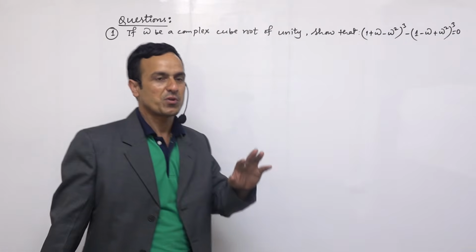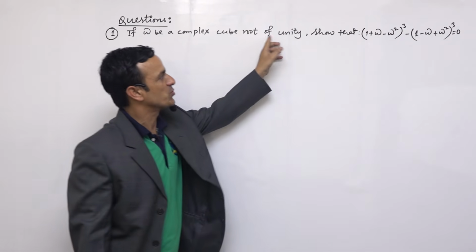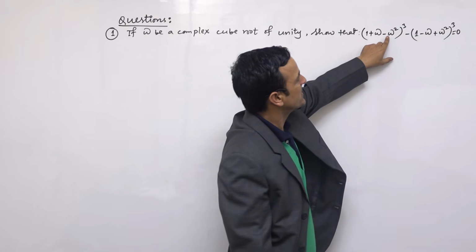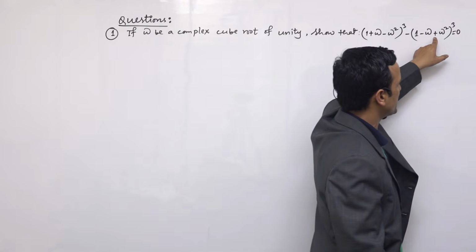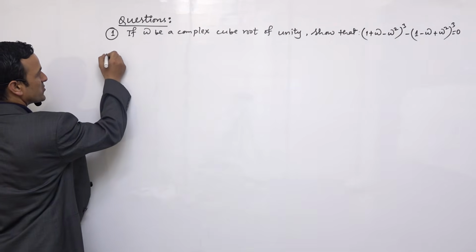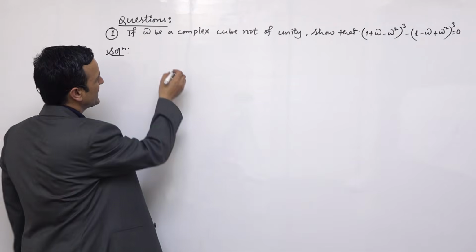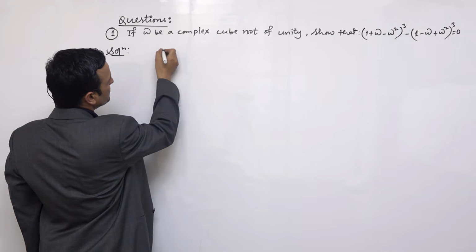Now we have another question. Look at the question here. If omega be a complex cube root of unity, such that this expression whole cube minus this expression whole cube is equal to 0. For the solution of this question, first of all we should know one of the relations.